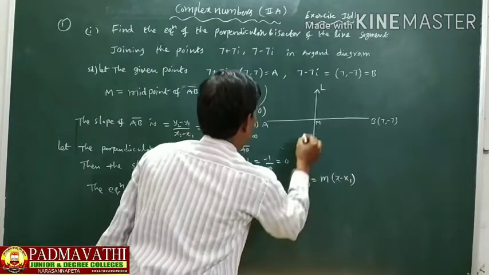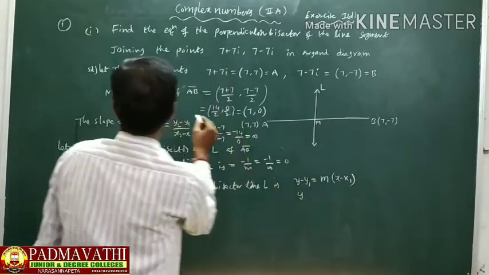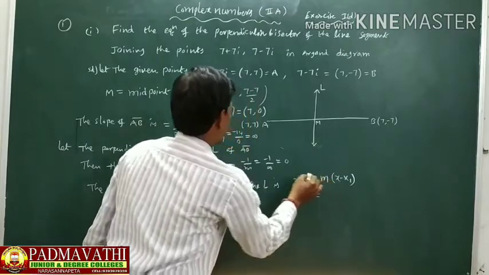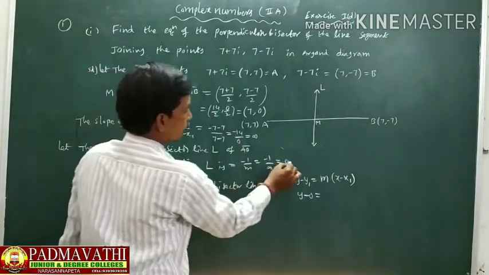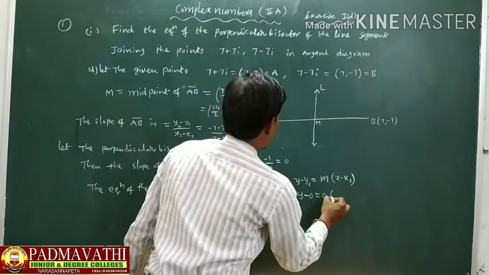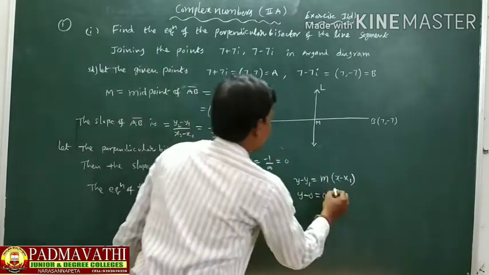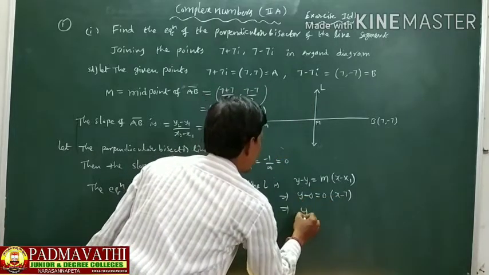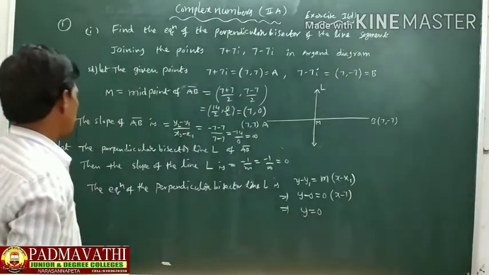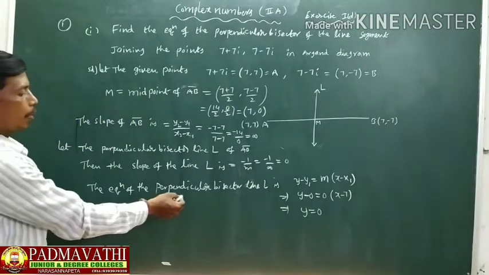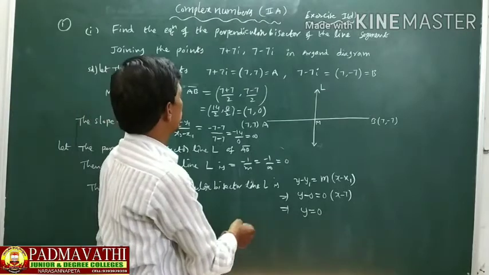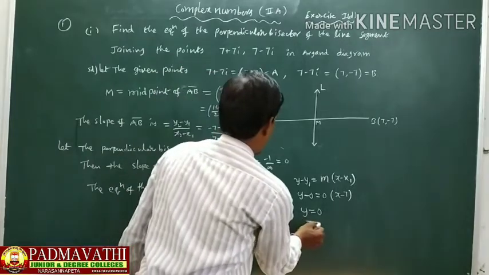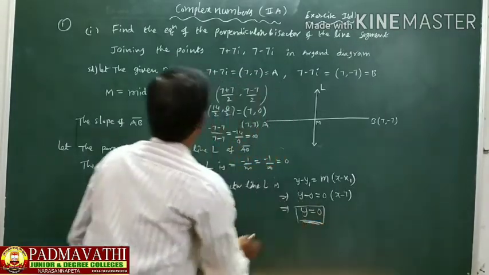The point is the midpoint M. Let us take y minus 0, the slope of L is 0, and x minus 7. That implies y is equal to 0. That is the required perpendicular bisector line.